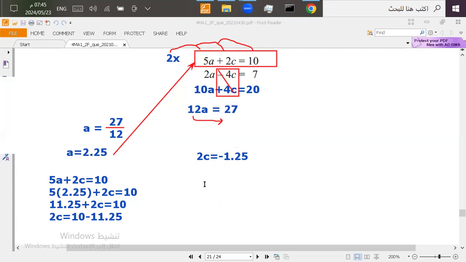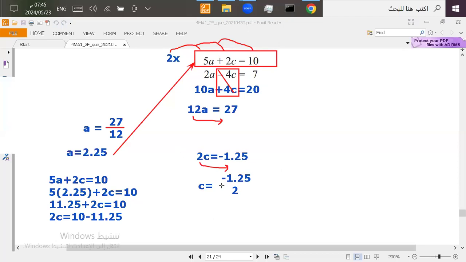Now, we need the c alone. It means we're going to take the 2, which is multiplied, to the other side by dividing. So c equals negative 1.25 divided by 2.